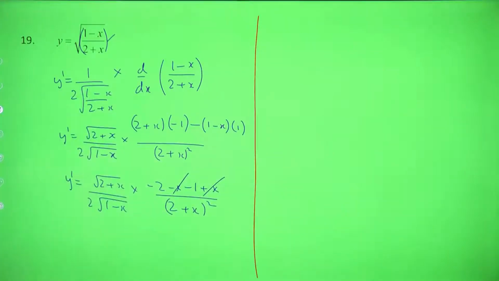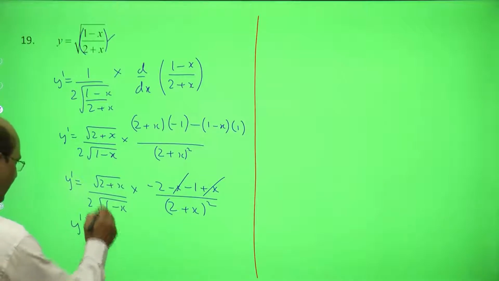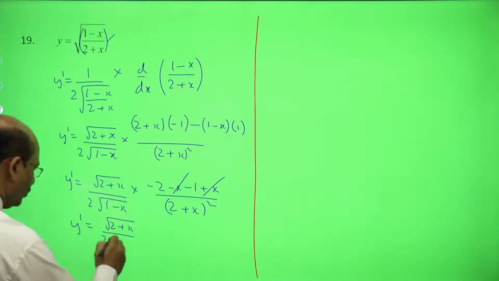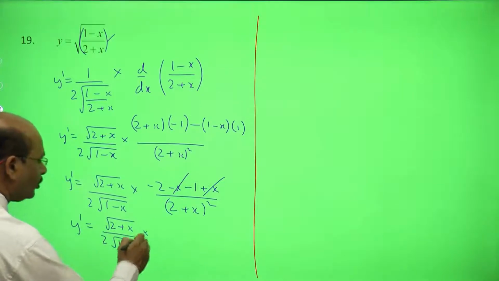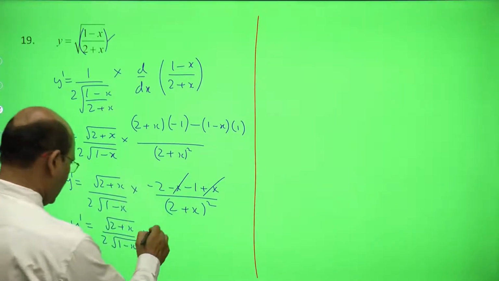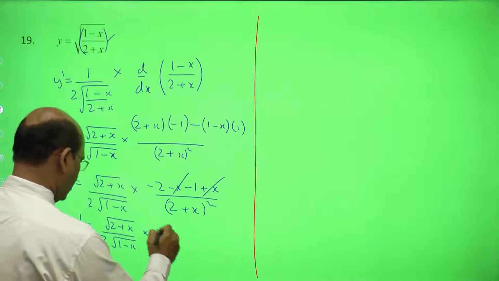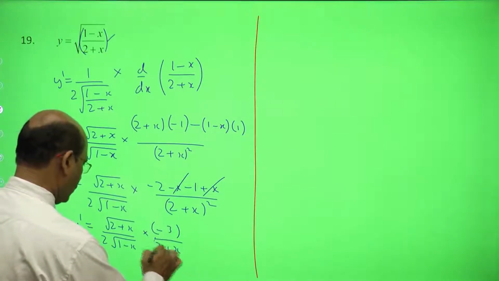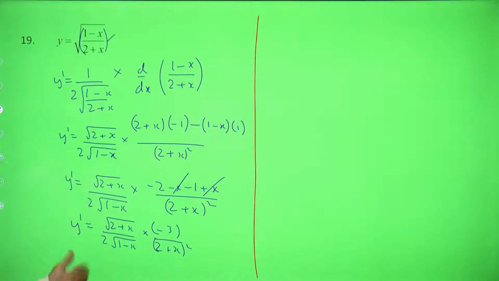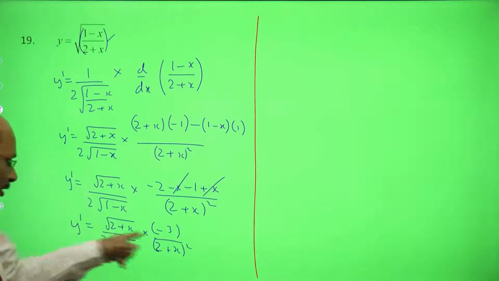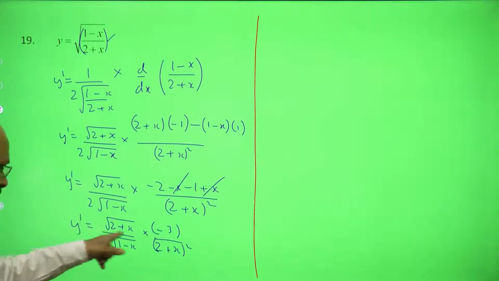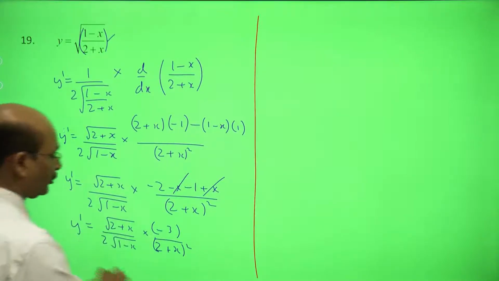Okay, I think by this time you must have realized what to do. So y dash will become 2 plus x upon 2 root 1 minus x into, now see, minus 2 minus 1 is minus 3 upon 2 plus x whole square. Now nothing much to do, you can cancel this if you want. Otherwise, it's better you cancel, I'll just show you.